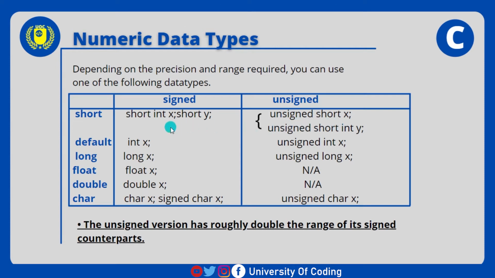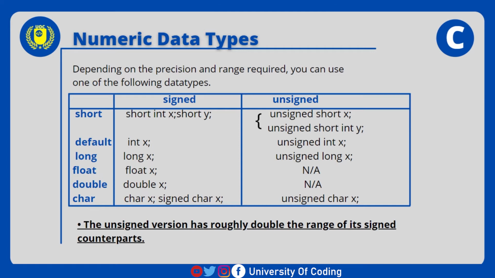For signed you need not mention anything. So which is not unsigned will be signed, right? Here they are not writing signed in front of short. Here they have written unsigned, so they are not mentioning anything here. That you have to understand. So based on the data type, you can go on increasing the range of the values that you can have.